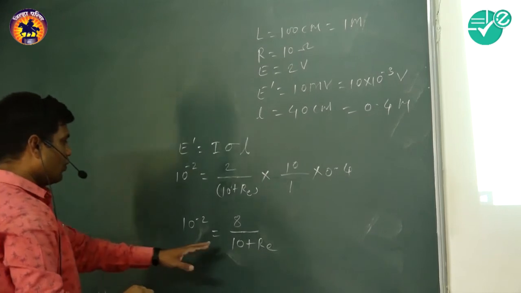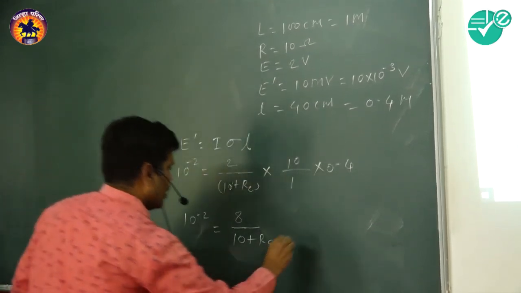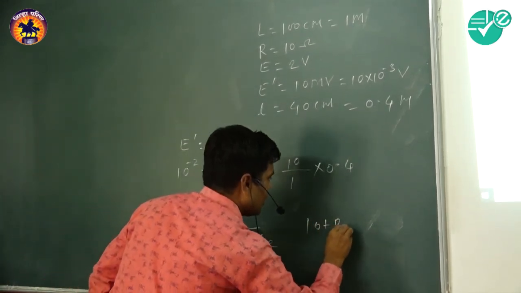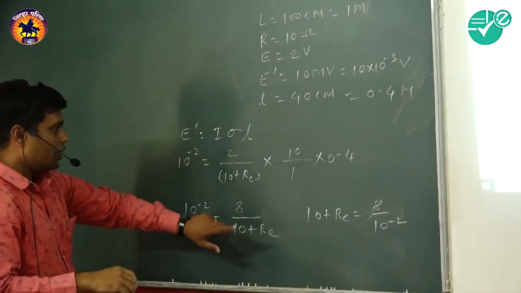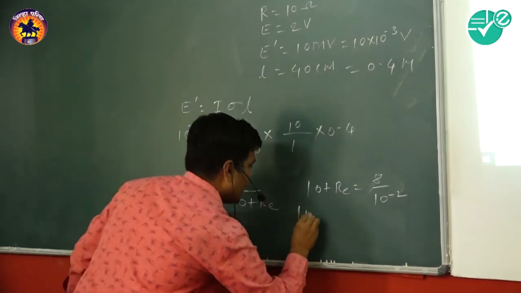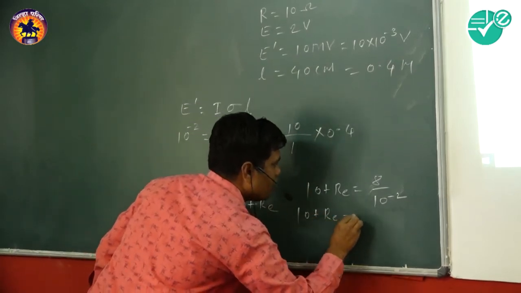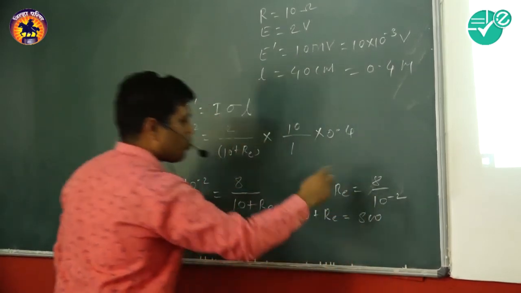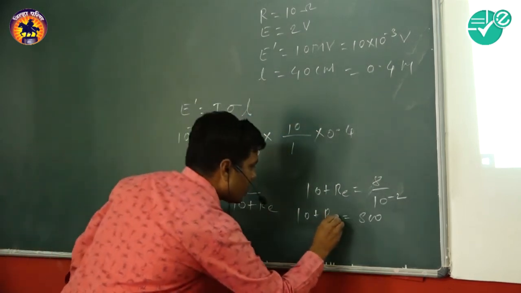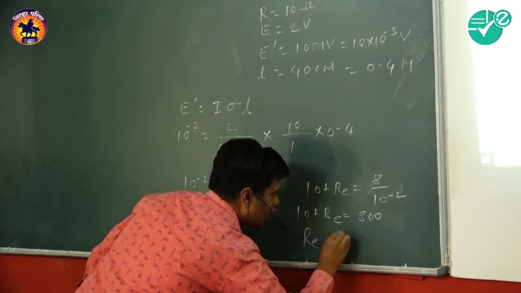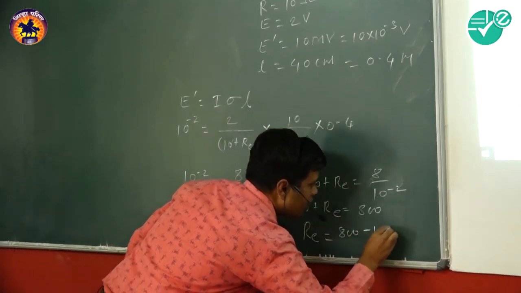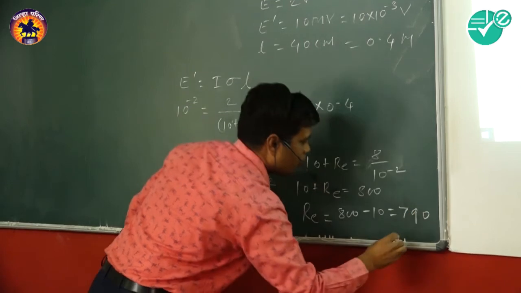So 10 plus Re is equal to 8 upon 10 to the power minus 2. Here 10 to the power 2 goes upward, so 10 plus Re is equal to 800. Therefore the external resistance Re is equal to 800 minus 10, that is equal to 790 ohm.